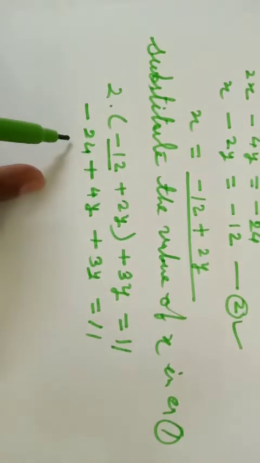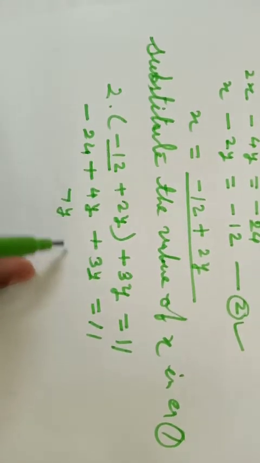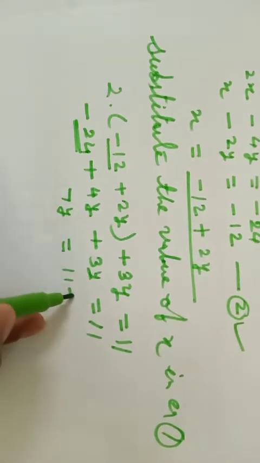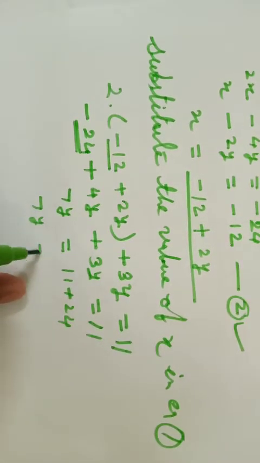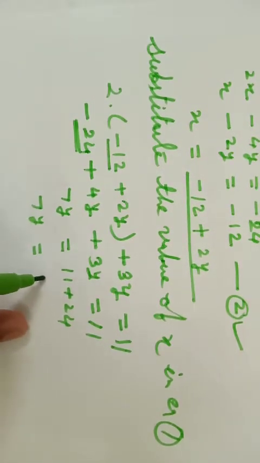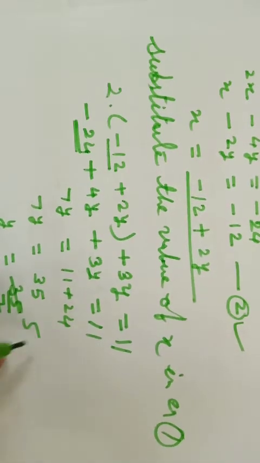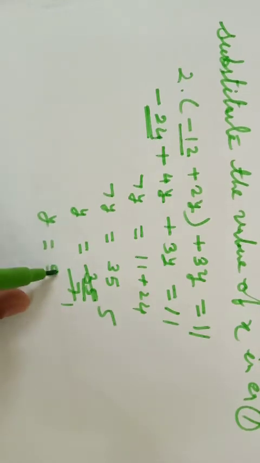Clear? So 4y plus 3y is 7y, and we shift the constant term to the RHS side. 11 plus 24, what will it be? 35. So y is equal to 35 upon 7, 7 fives are 35. So the value of y here is 5.